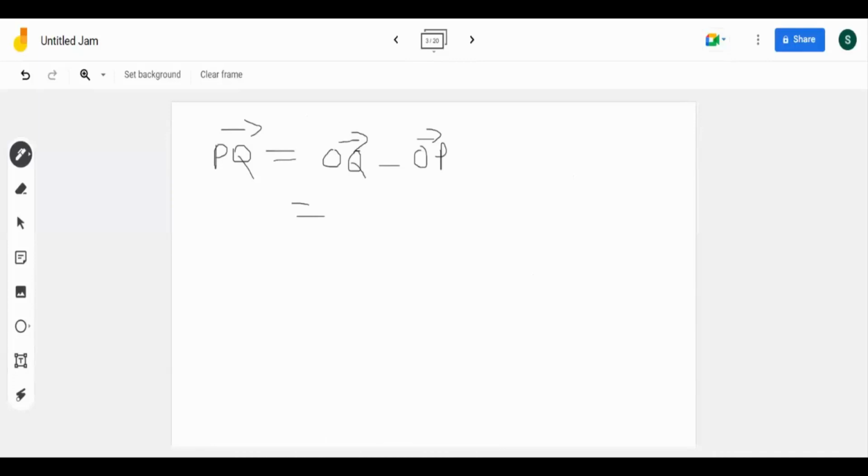Okay, so this is nice. We got PQ as 3 times i plus j plus k. And the unit vector is vector divided by magnitude, and its magnitude will be 3 root 3. As you can easily see, magnitude of PQ will be under root 9 plus 9 plus 9, under root 27, which is 3 root 3.